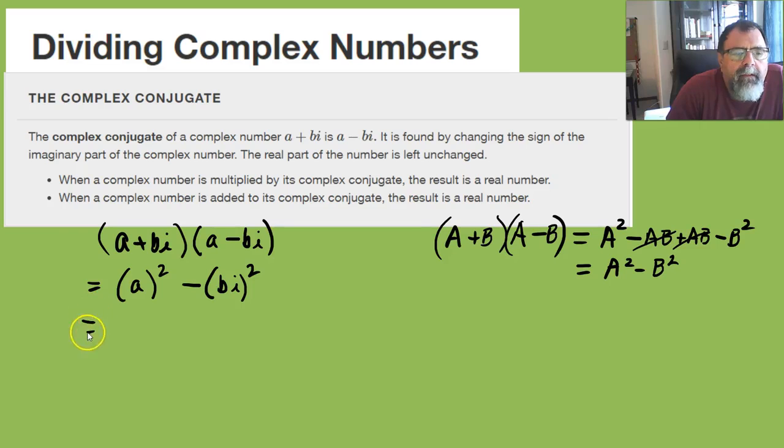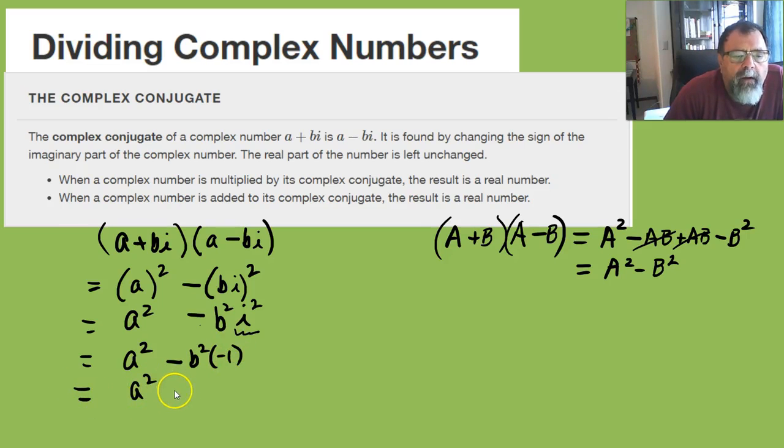And that's going to give you a squared minus, and you have to square both of these, b squared, i squared. And what we just talked about a minute ago, i squared is negative 1, and then negative 1 times the negative here will get us a squared plus b squared.